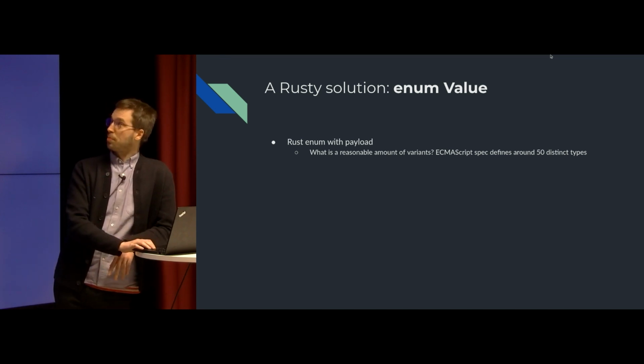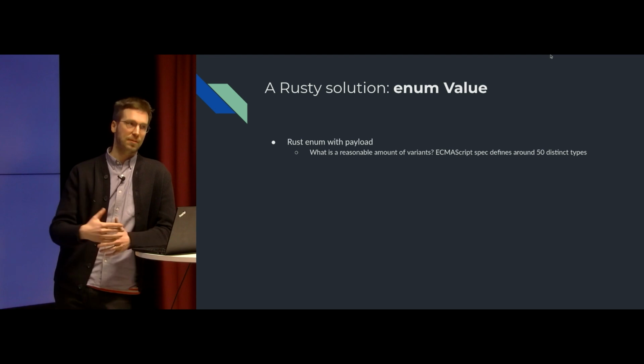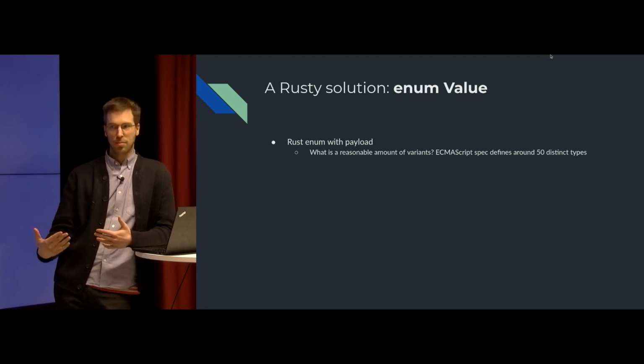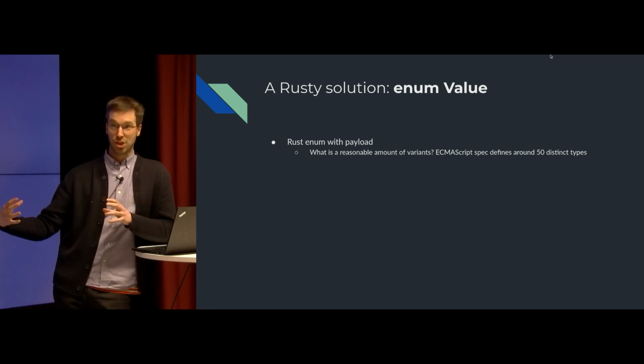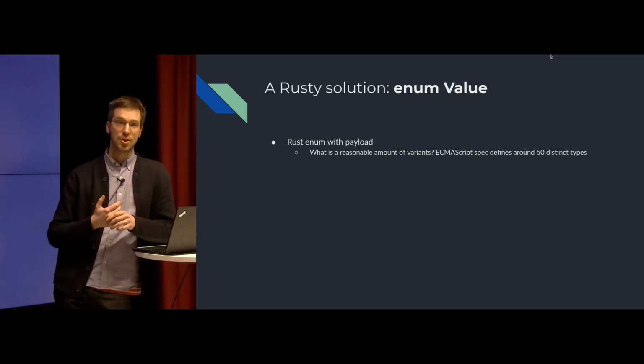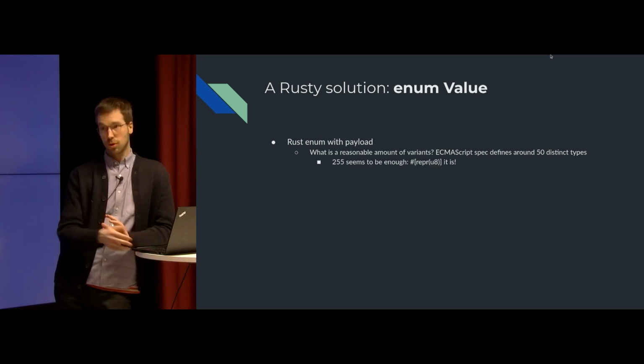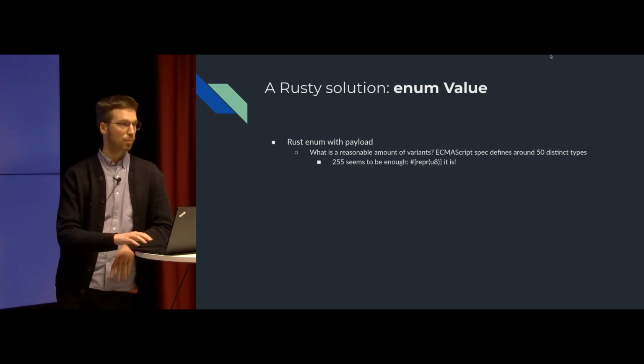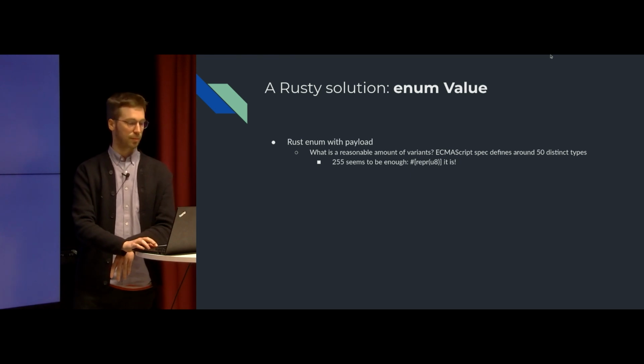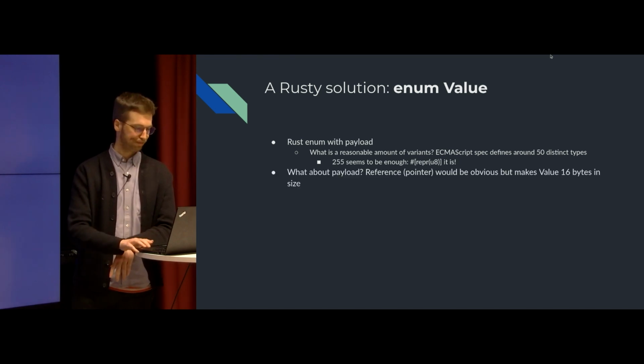The ECMAScript spec talks about 50 different types. And here I mean type not as in JavaScript value types, but just different kinds of objects plus all the primitives mentioned in the spec. So 255 should be enough. So we'll just use 1 byte as our enum discriminant.